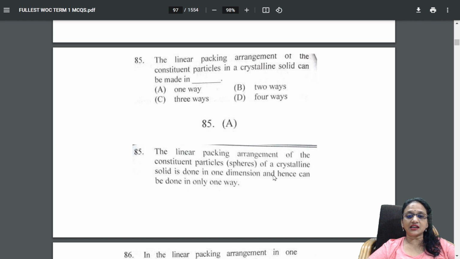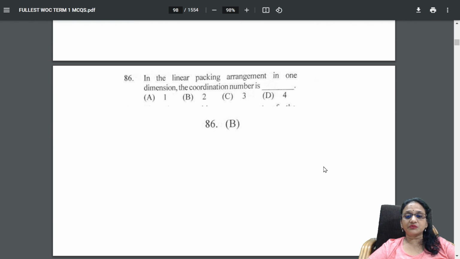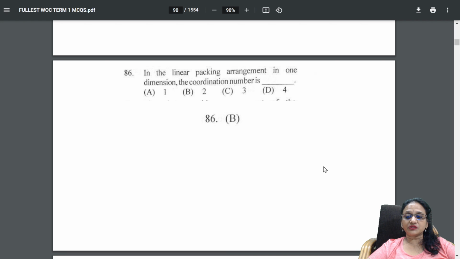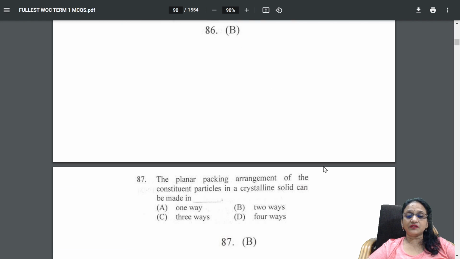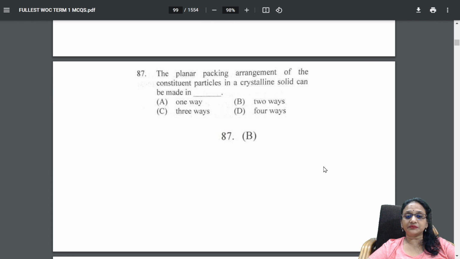Packing questions are asked like this. The linear packing arrangement of the constituent particles in a crystal solid can be one way. Yes, it is one dimensional, students. Then comes your coordination number of the linear packing. How much is there? Gradually, we will come into the 2D packing.